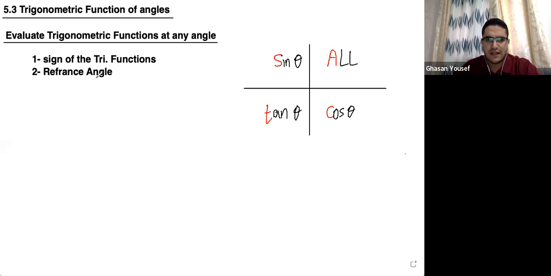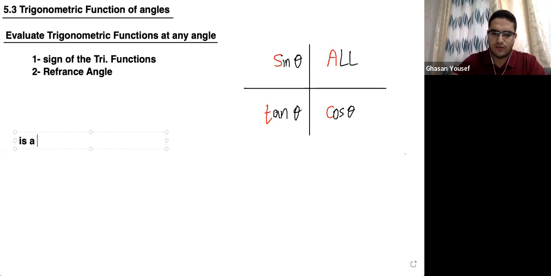Now, the reference angle. I gave the definition of the reference angle last time. It's an acute angle between the terminal side and the x-axis. Again, it is an acute angle. Let me just write the definition.